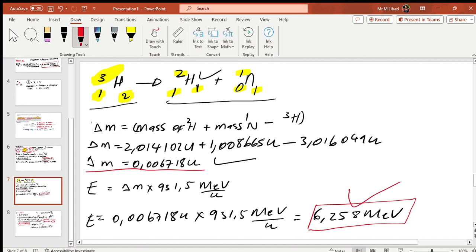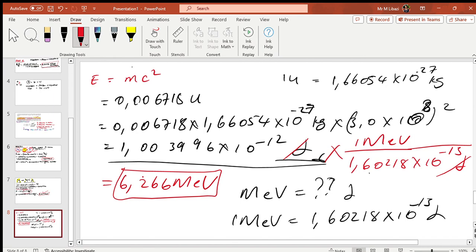For me it's better to just use this one because it's an easier number than using the kilograms, because you'd have to convert.